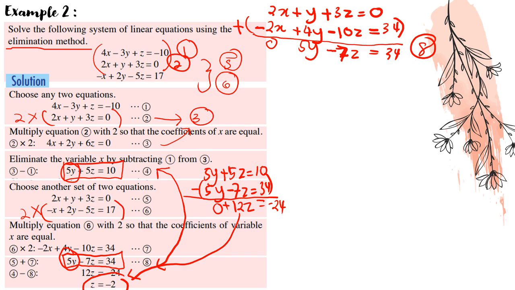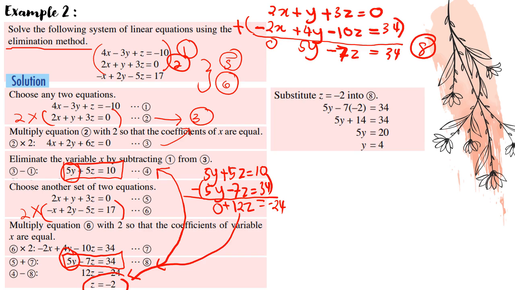Then you have already solved one of the variables, which is variable z. So you still have another two variables, which are variable y and variable x. Okay, so you can substitute variable z into equation number 4 or number 8. Equation number 4 has variables y and z only, no x here.